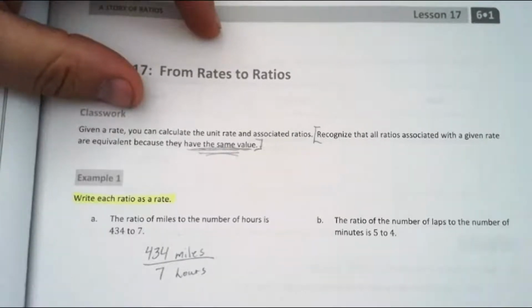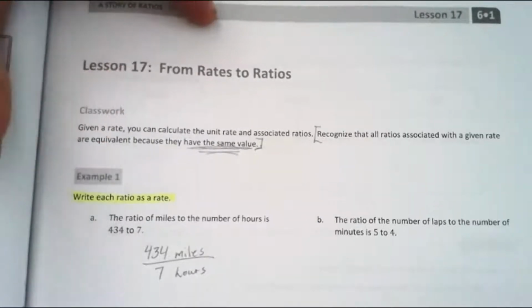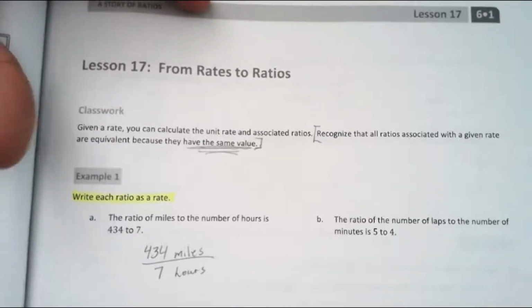434 miles per hour. Now, I don't like this part because it does kind of get a little crazy, because to me, this is a rate. A unit rate, you get down to a denominator of 1. But the way that the book has this set up, we're going to practice this a lot together.